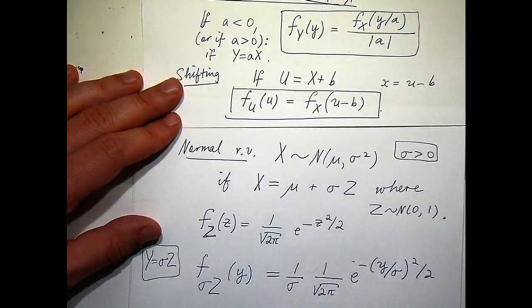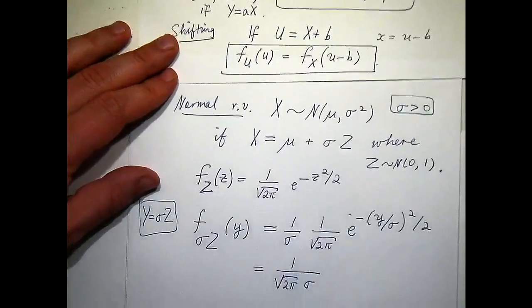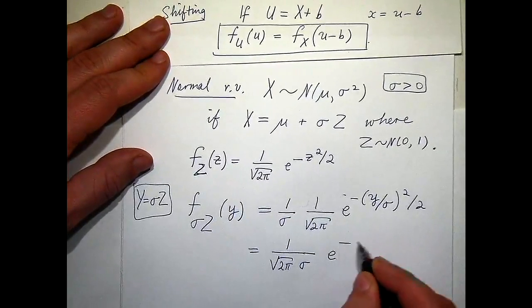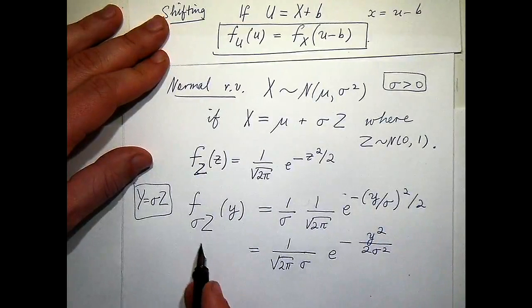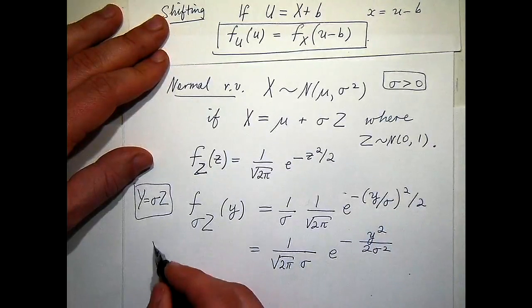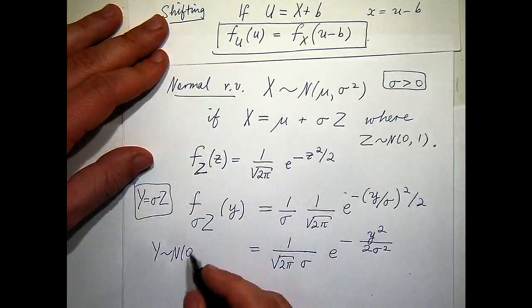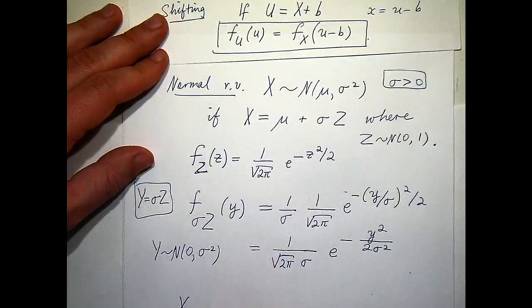And then I have to divide by sigma, because 1 over sigma was the scale factor. So that's 1 over square root 2 pi sigma. Now sigma is outside the square root sign, that's important. I guess you could put variance under the square root sign, but the sigma itself is outside the square root sign. E to the minus y squared divided by 2 sigma squared. That is the density of y, which still has mean 0 because all I did was stretch. I scaled, I didn't shift yet, so that's normal 0, sigma squared.